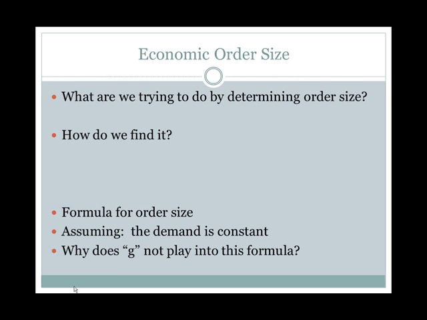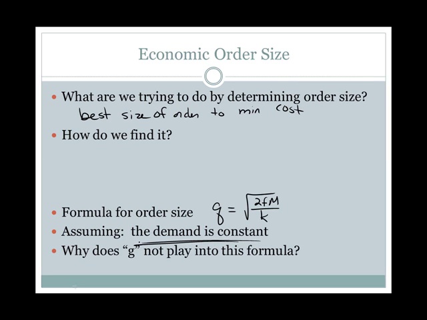So here we're trying to determine the best size of order to minimize the cost. And we talked about how that was developed: you find the derivative of your total cost function, set it equal to 0, and solve for Q. And so the formula is the same. You just have to think about the variables a little bit differently.